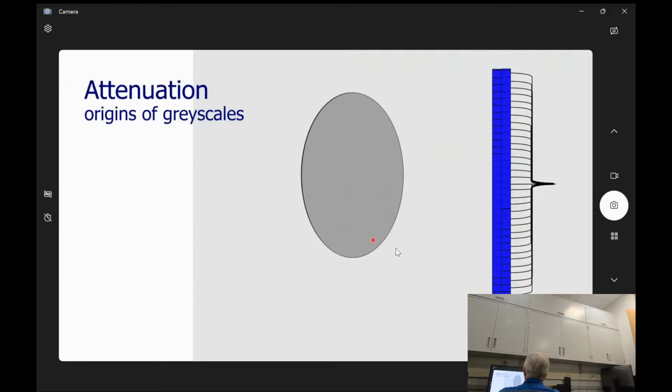Okay, attenuation. How do we get grayscales? So we have a material, we have a detector. The detector normally consists of two layers. The first layer is a scintillator. The second layer is, say, an amorphous silicon or a CCD or a CMOS detector. In the Zeiss, these two layers are separated by some distance.